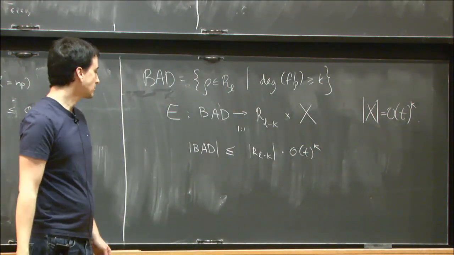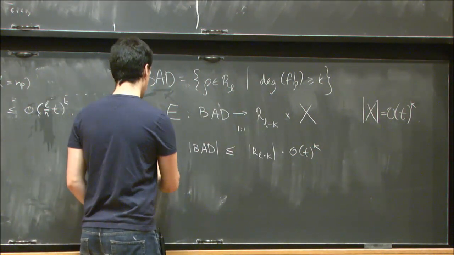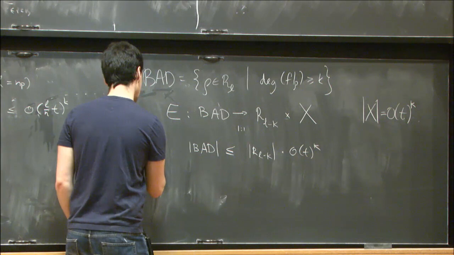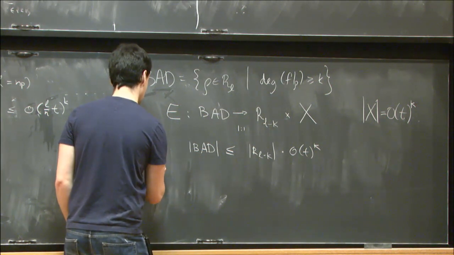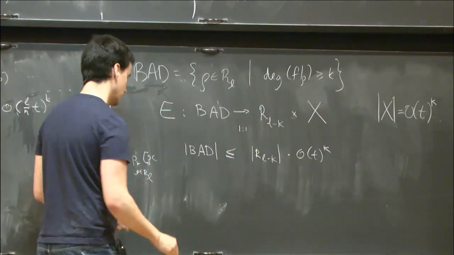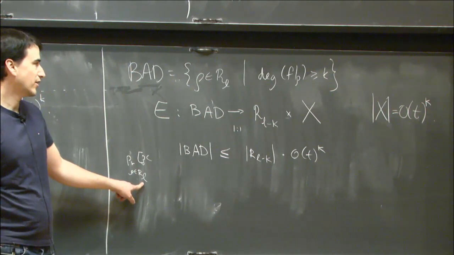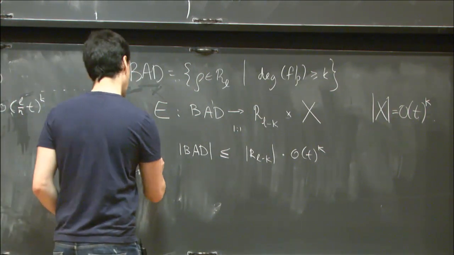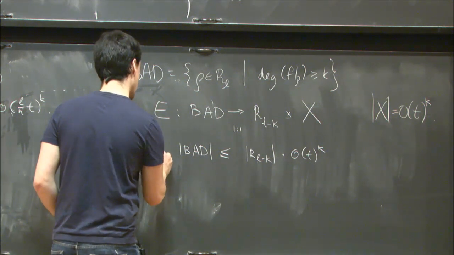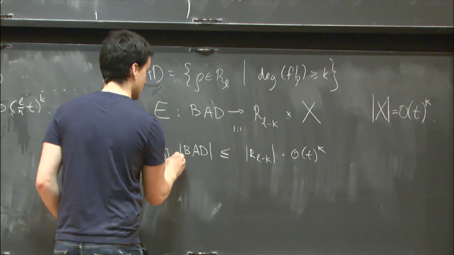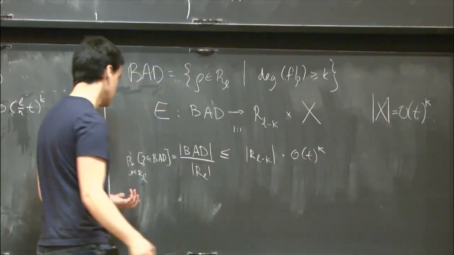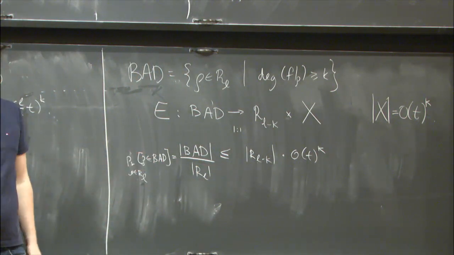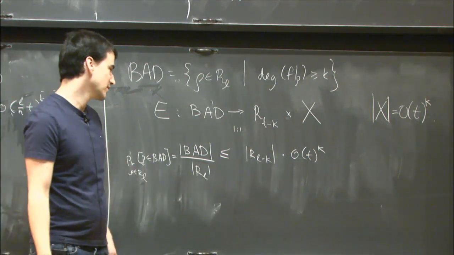The probability to sample a bad restriction, when going over a random restriction keeping L variables alive, is exactly this, because it is a uniform distribution over all restrictions keeping L variables alive.